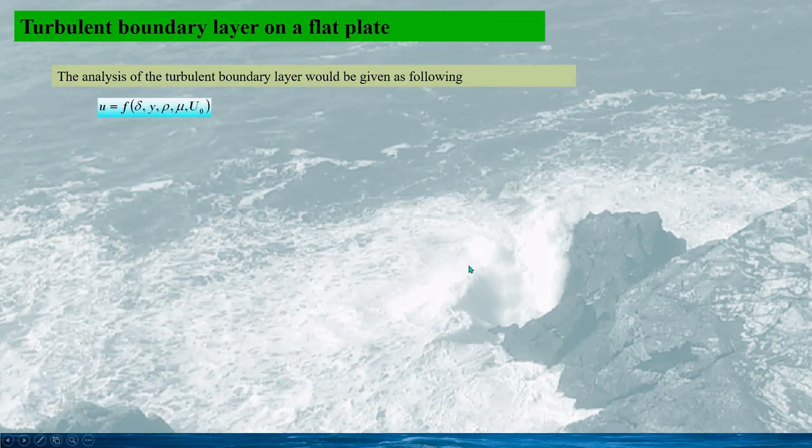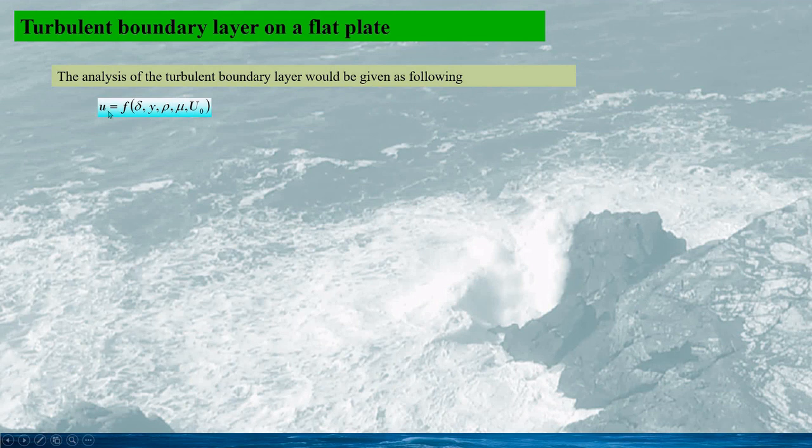For a simplification of the problem, the turbulent boundary layer on a flat plate is discussed here. The problem analysis would show the mean velocity u in the boundary layer given as this.